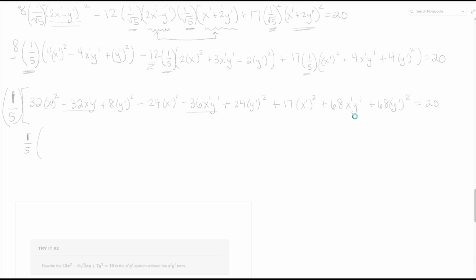So my screen just locked up on me. I hate that. All the x prime y primes are gone.